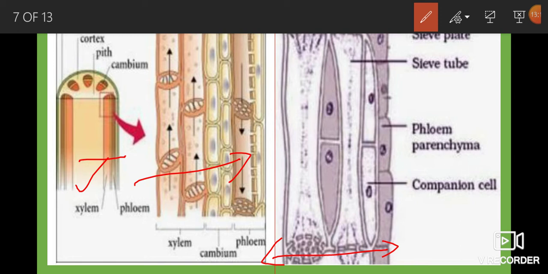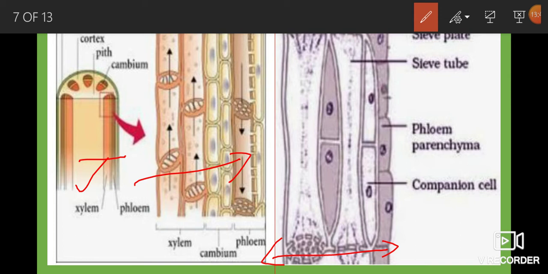The function of sieve tubes is controlled by the nucleus of companion cells. Why? Because a mature sieve element cannot contain a nucleus, so its function is controlled by companion cells. Companion cells help in maintaining the pressure gradient in sieve tubes.